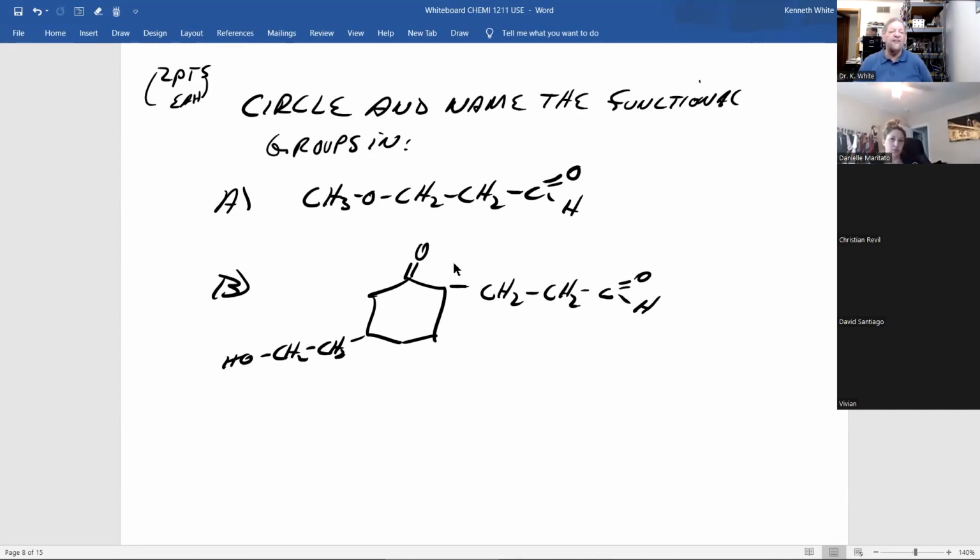And there you are for your enjoyment on this Monday afternoon. Circle and name the functional groups, 2 points each.